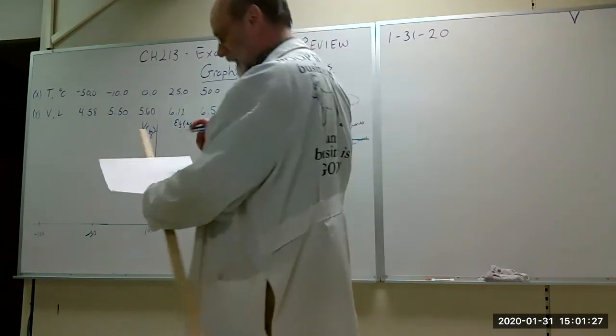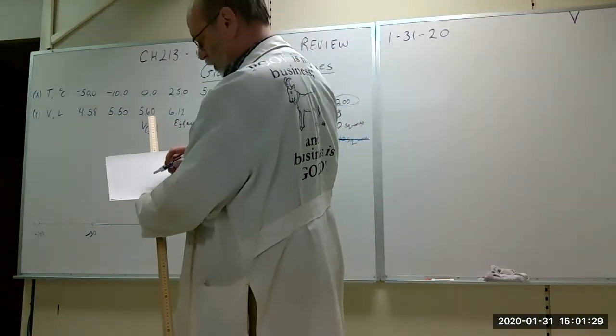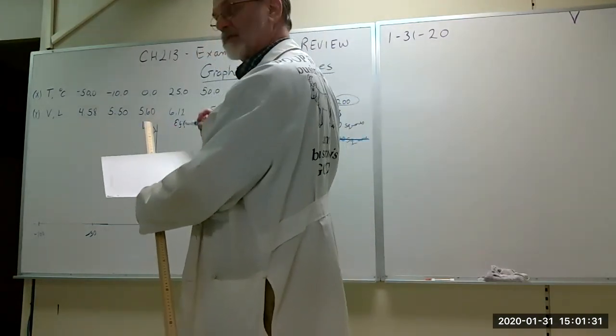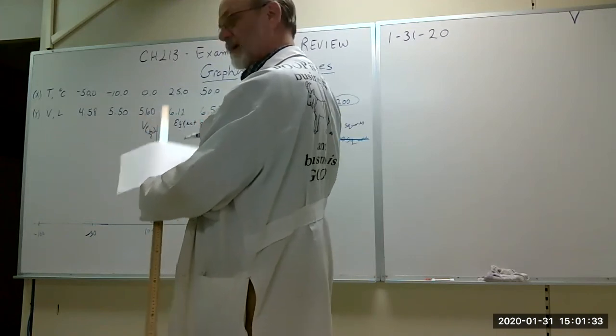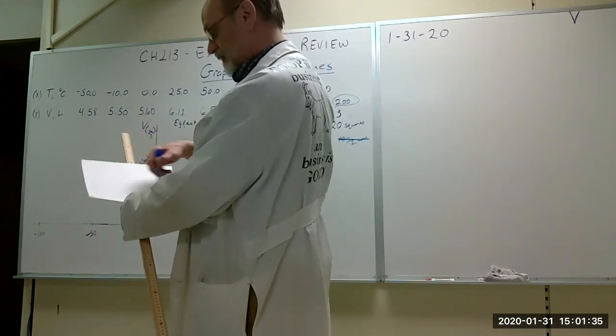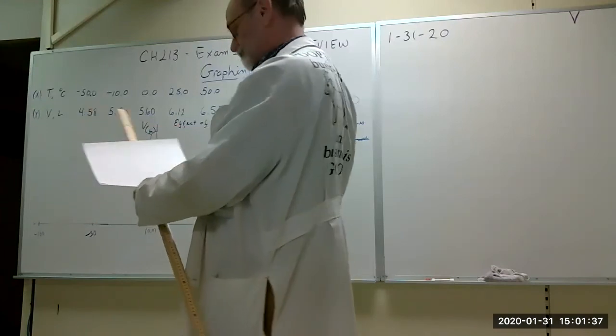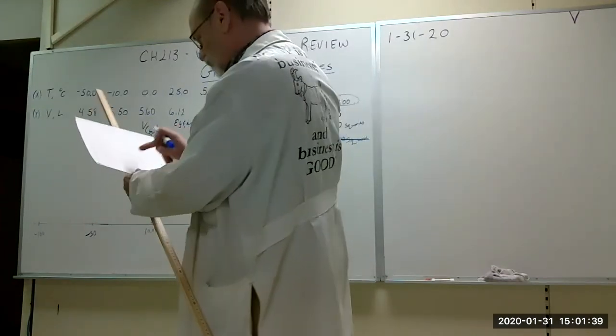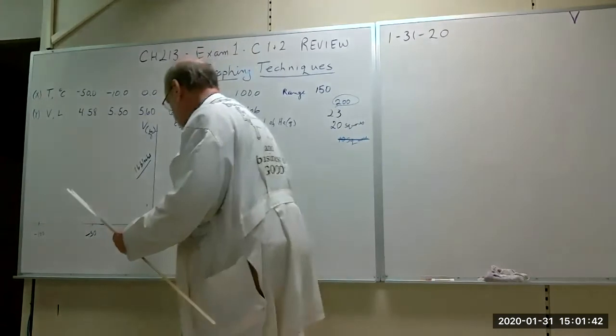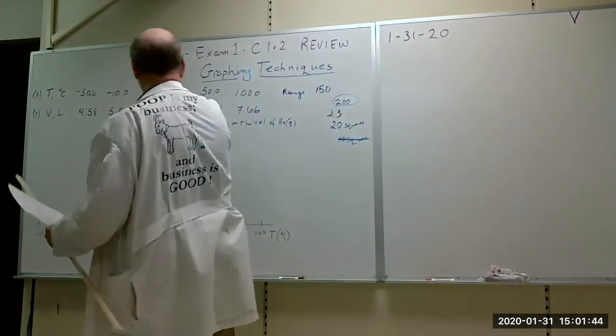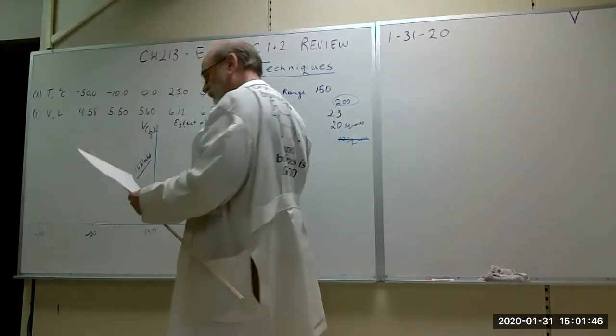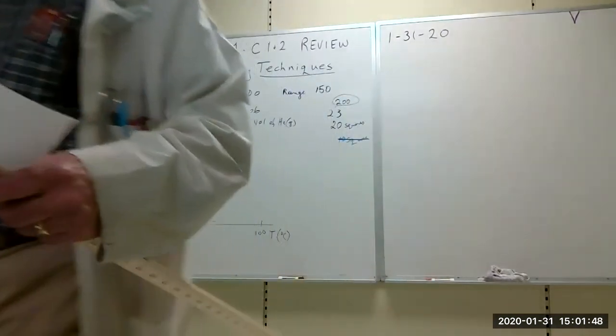So now we've got it laid out with our ordinate actually in the middle of the page, and our abscissa at the bottom. So once you mark those off for degrees and volume in liters, then you can plot the data.